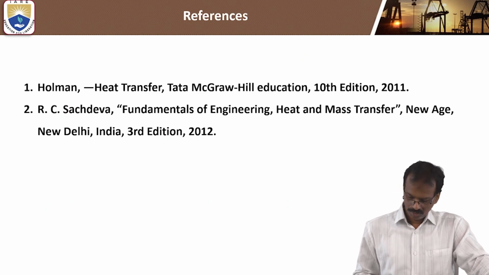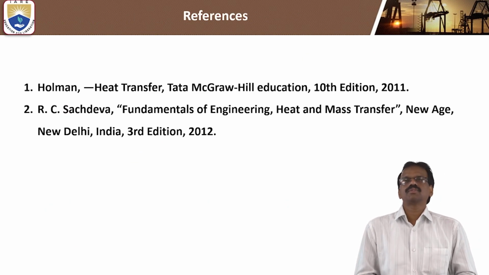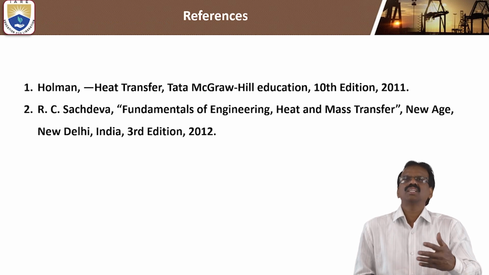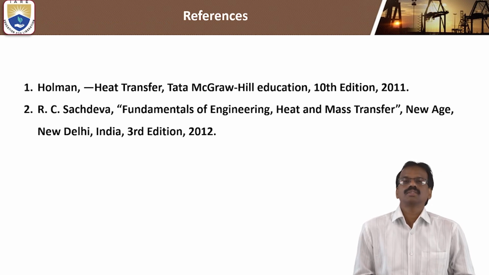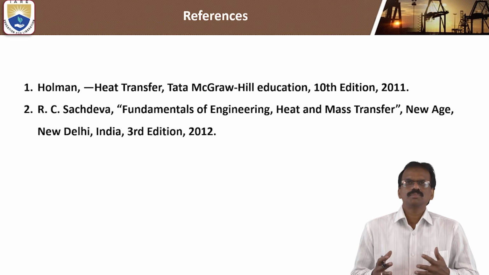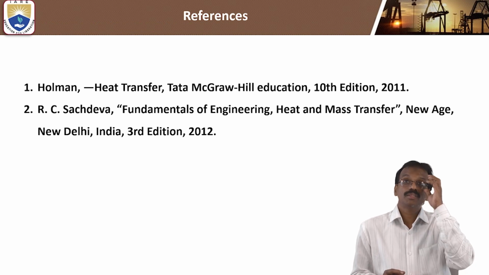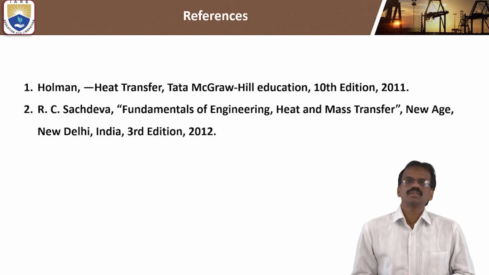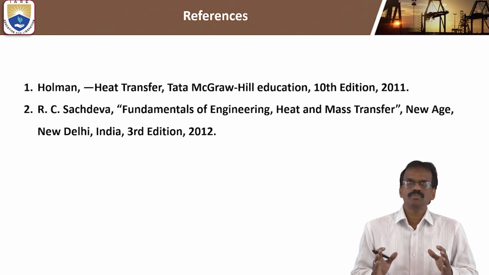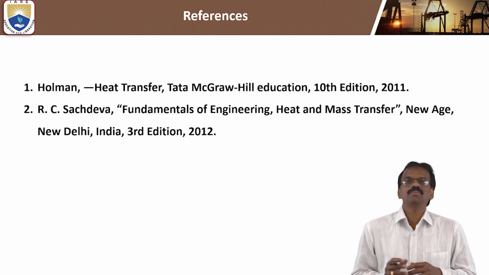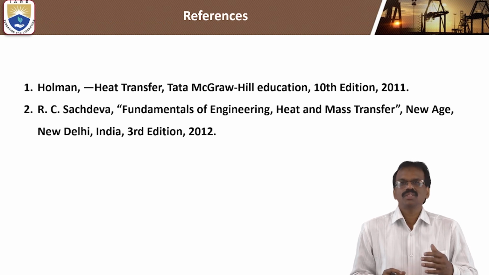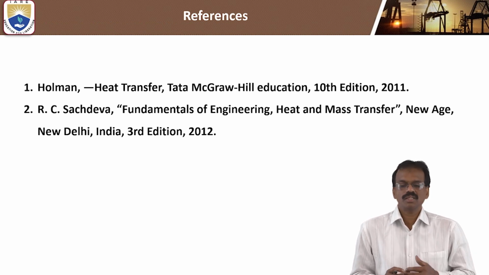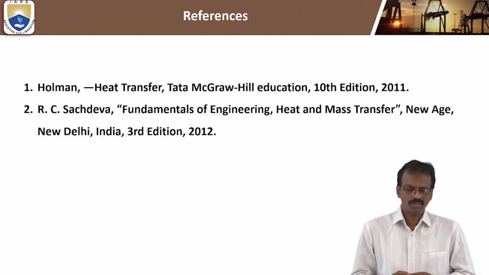So these are the concepts of radiation between different surfaces: radiation between two surfaces, radiation between one small body and a big enclosure, radiation between two infinite parallel planes, and radiation between concentric spheres and concentric cylinders. These are the cases we discussed in this class.